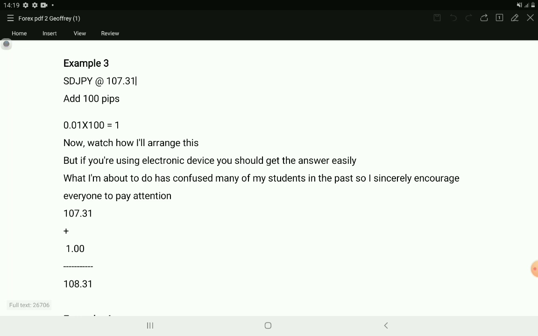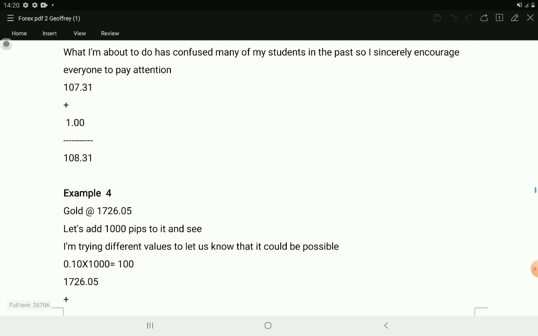Again 1, 2, 3, 4, and once it goes to 10, it becomes 5. As it goes, when 100 is added, this 7 will be 8. Then the 3 and 1 will remain, because it's not a normal calculation, where the number after the decimal point would not be added to. This is a different calculation. That's why I'm emphasizing that you start from the numbers after the decimal point, right?